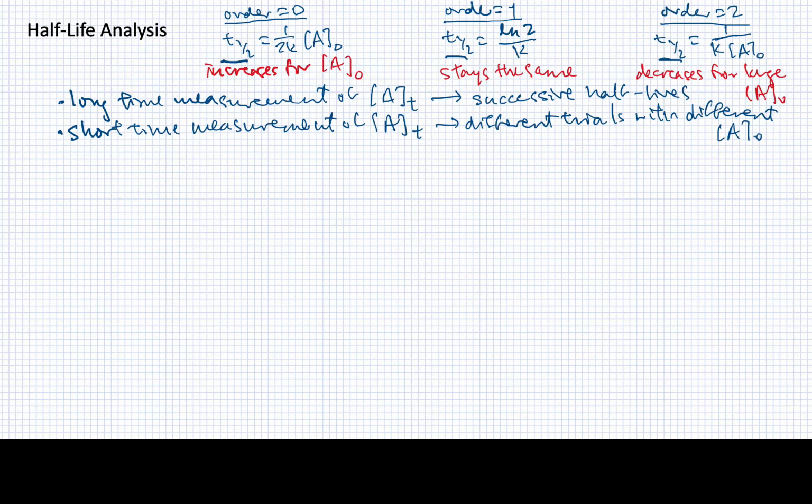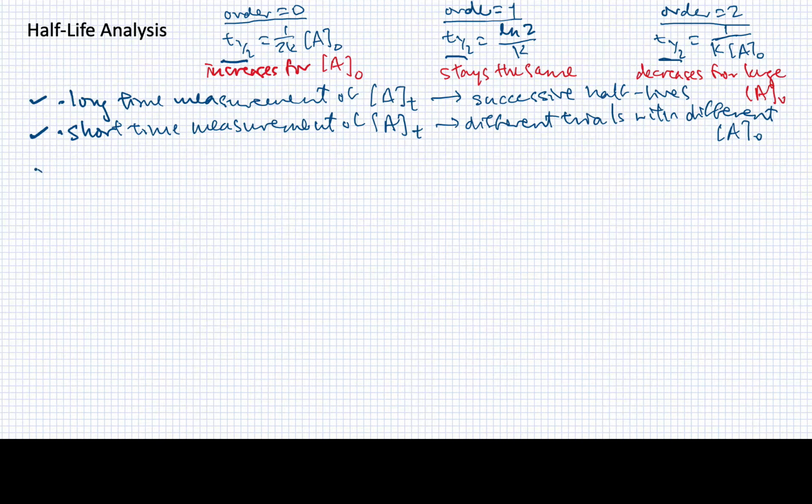So this one is one where we're following the same trial for a long time. This is one where we might run a couple of different trials and just see how the initial concentration may affect the length of the half-life. Both of these can give us a clue as to what order reaction we're looking at.